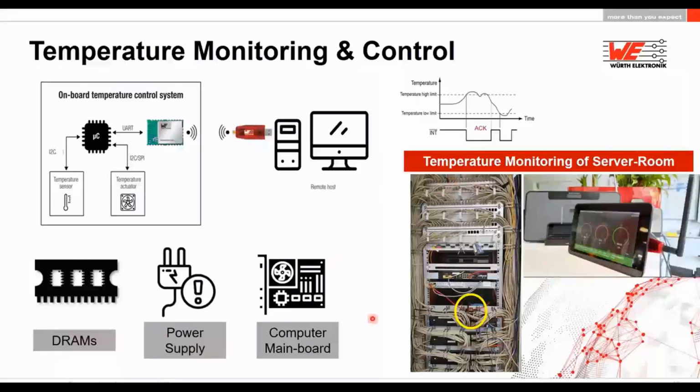This is a picture of a server room from our Germany office, where we put a temperature sensor, because the server room needs to be continuously monitored. The temperature should not go too high, and this is the logging or display station at our working desk, so that we can constantly monitor the temperature of the server room wirelessly.